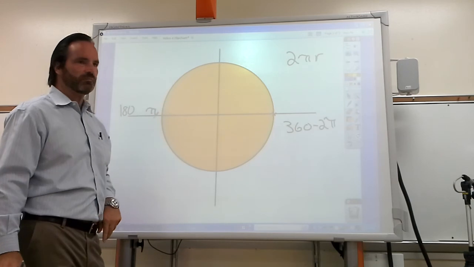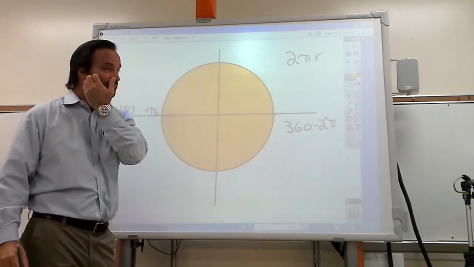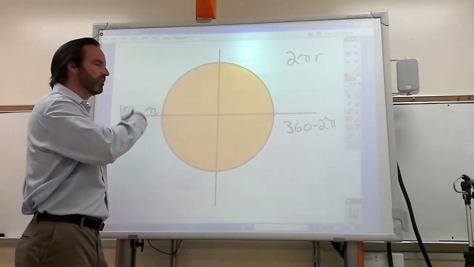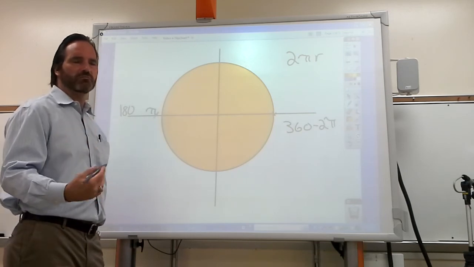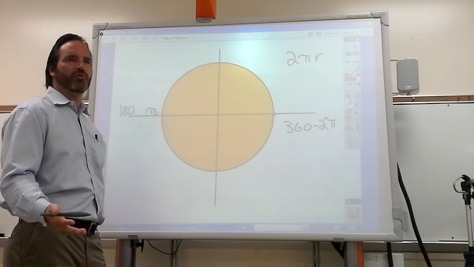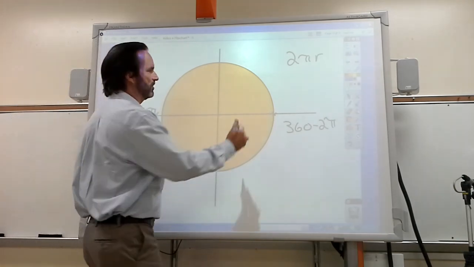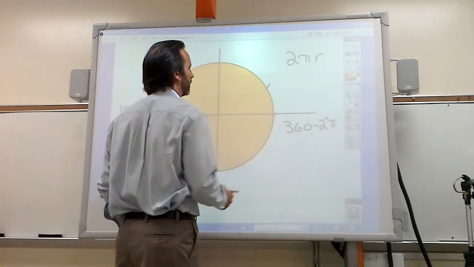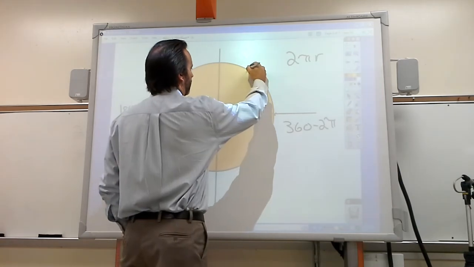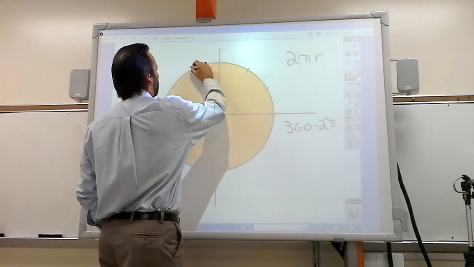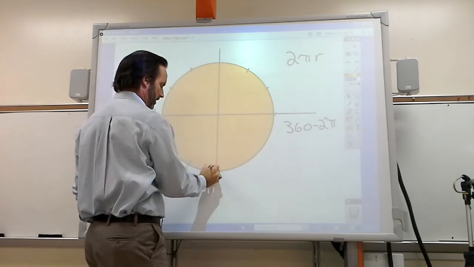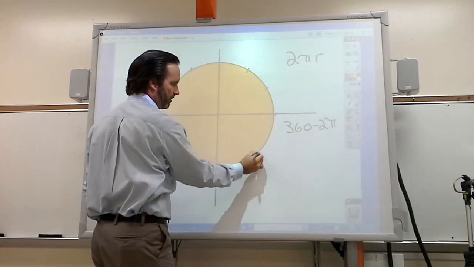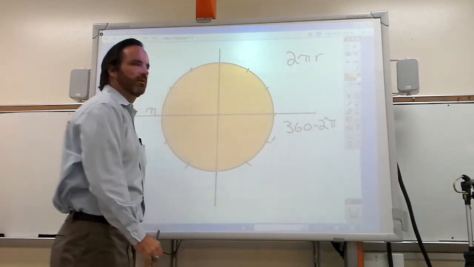Okay? What you'll have to do is be able to break up this circle in fractions. Let's just start off with 30 degrees. That would be about right here. Here's another 30, another 30, and so on around the circle.